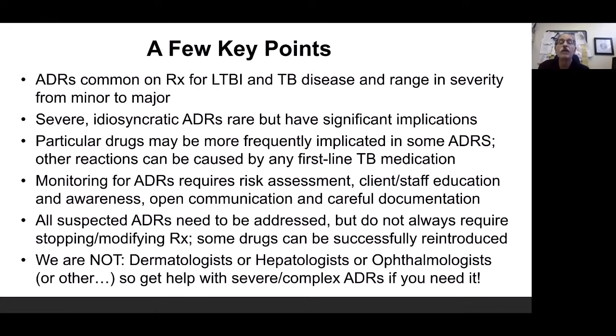Monitoring includes risk assessment, client education and awareness, and ongoing open communication and documentation. All suspected reactions need to be addressed, but do not always require stopping or modifying the drug. And sometimes the drugs can, even after they're stopped, be successfully reintroduced.